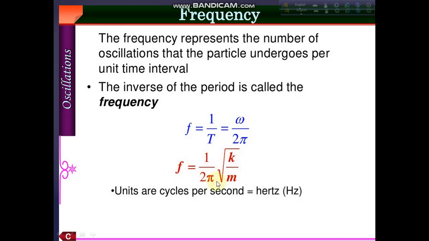This is the expression for the frequency of simple harmonic motion, and the units are cycles per second, which can also be written as hertz, denoted by Hz.